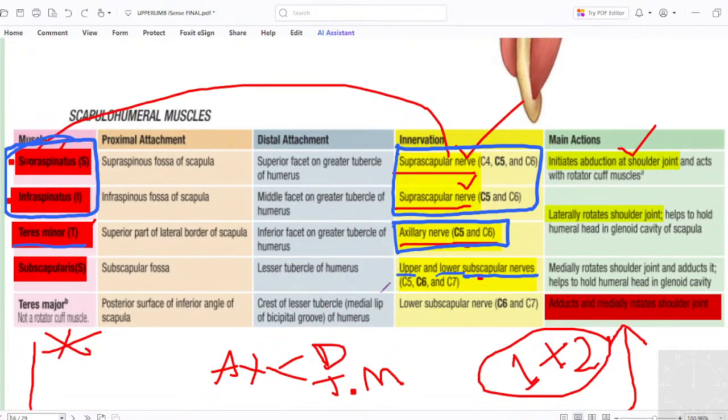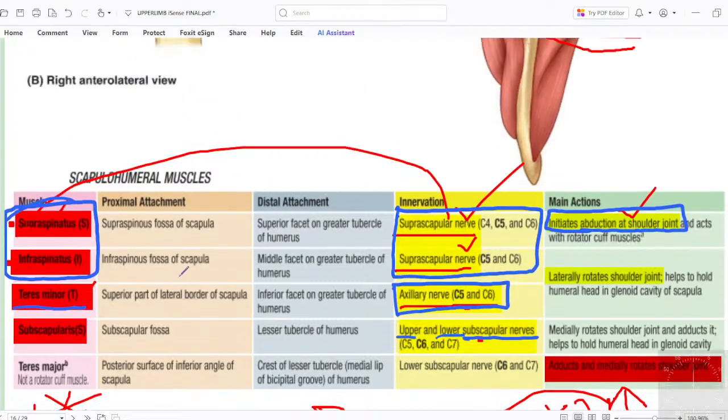Now their action. Supraspinatus is called the initiator of shoulder abduction. It causes shoulder abduction from 0 to 15 degrees.